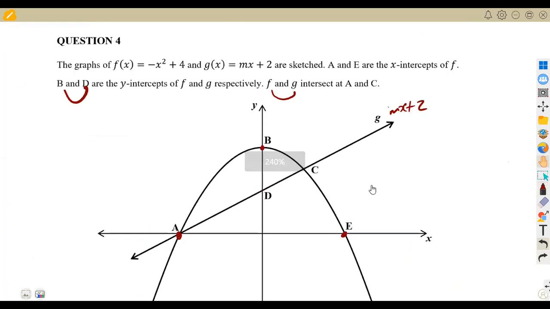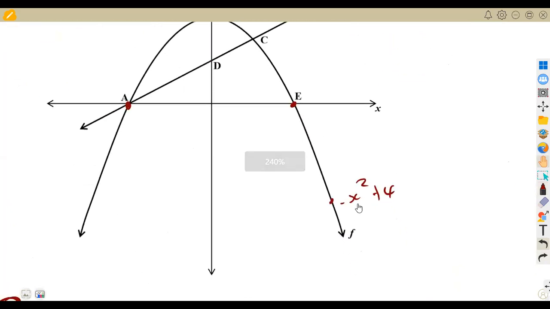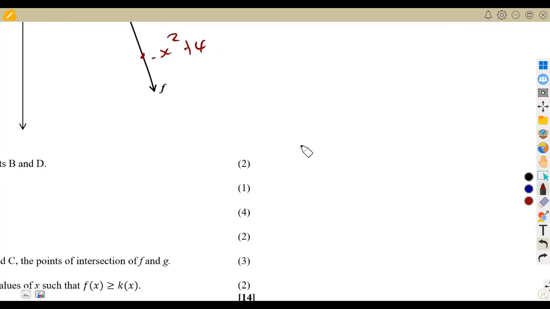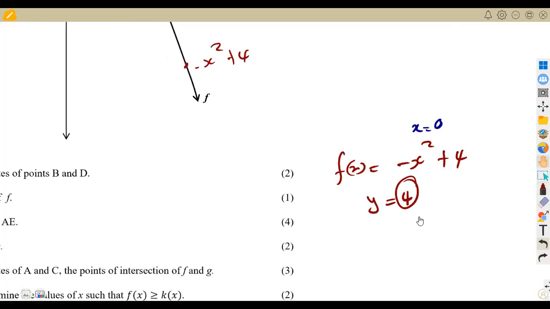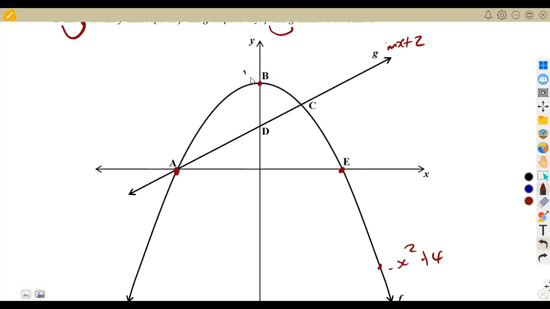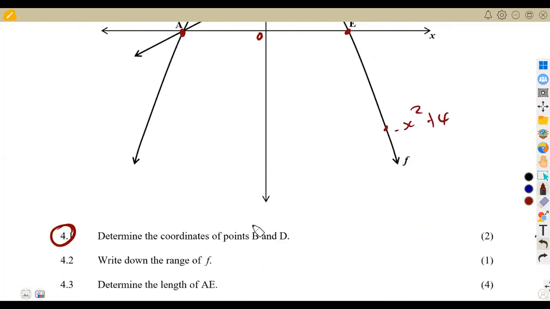This is the y-intercept of the graph of f of x, which is negative x squared plus 4. Substituting x equal to 0, y is going to be equal to 4. So the point B is at 4, that's 0, 4. Remember, the x value there is 0. So the point B is given as 0, 4.